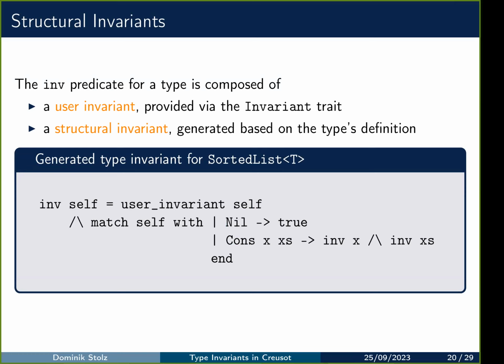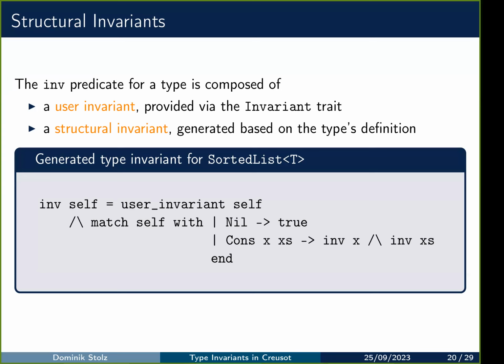Unless you want to specify a list of a specific length, let's say you want a user invariant that says you have only lists of length 3. Do you need to make a new type, and then have a user invariant only on the new type and have the list without user invariant?